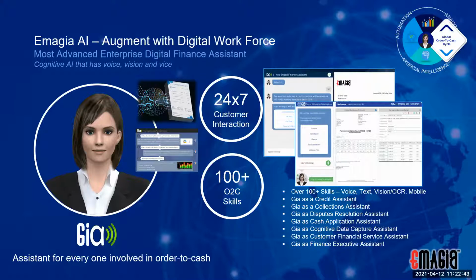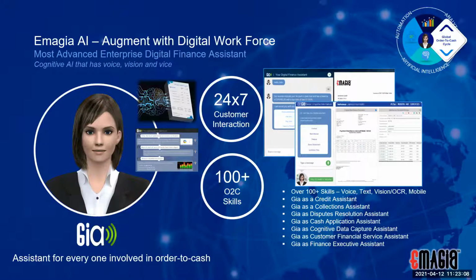And this is where we have brought in Gia, which is a digital assistant trained for order to cash. We have trained Gia with over 100 skills, with the ability to understand credit, collections, cash application, and deductions activities.